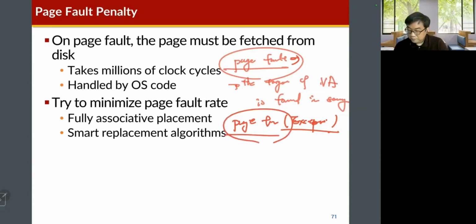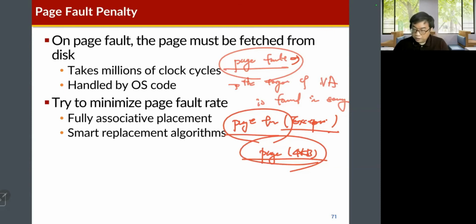When a page fault happens, we need to transfer the requested data, actually page data, so 4 kilobytes, from storage to main memory, right? In this case, the operating system needs to access data on a hard disk drive or SSD, so solid state drive, and it'll take a very long time.